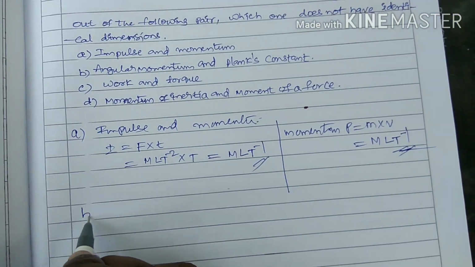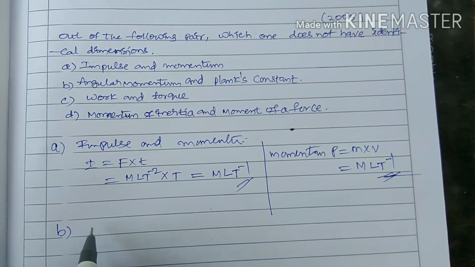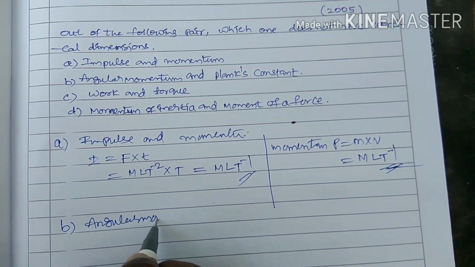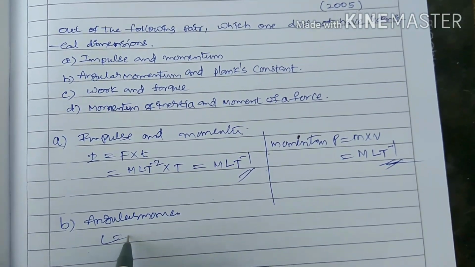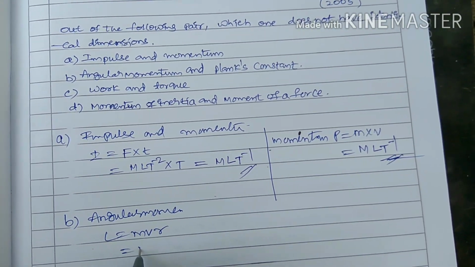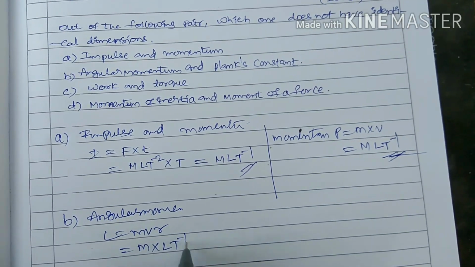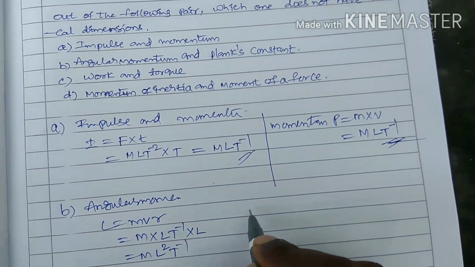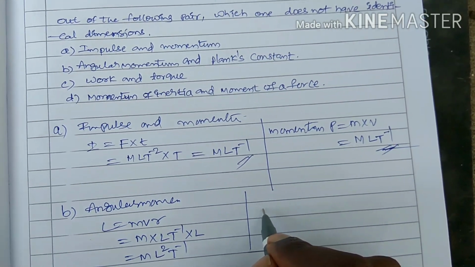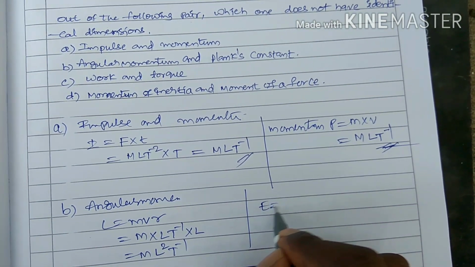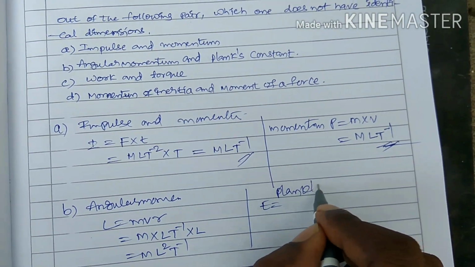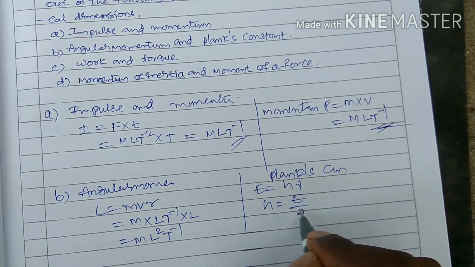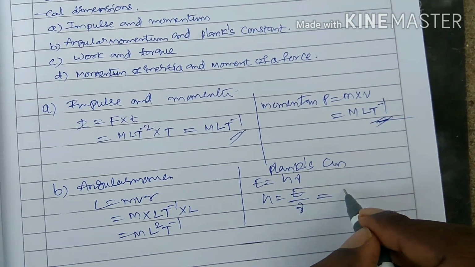Coming to option B, angular momentum and Planck's constant. Angular momentum L is equal to m v r sin theta, that is mass into L T^-1 into L, equal to M L^2 T^-1. Coming to Planck's constant, E is equal to h nu, so h is equal to E by nu, which can be written as mgh by nu.